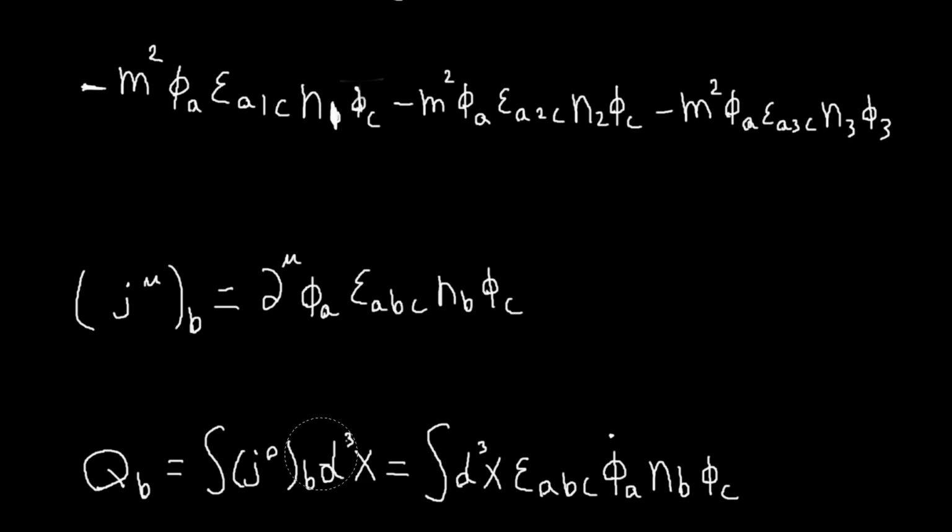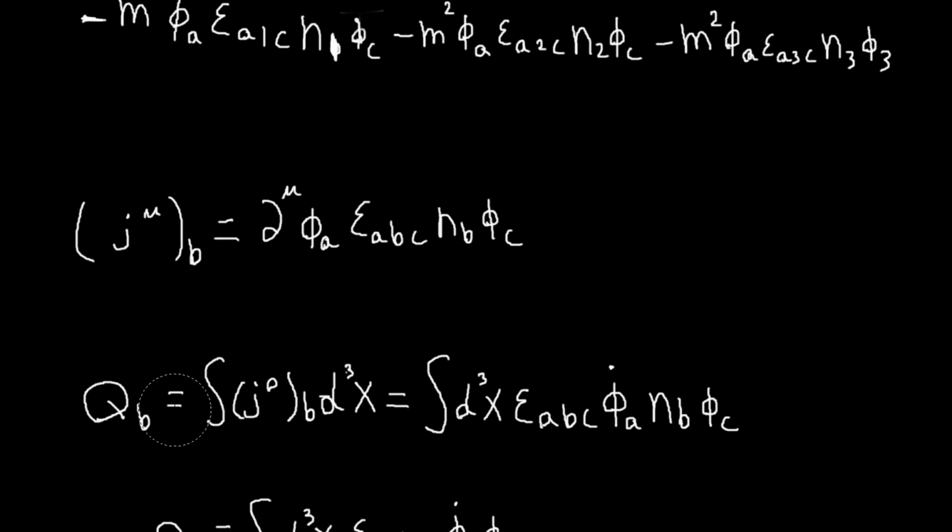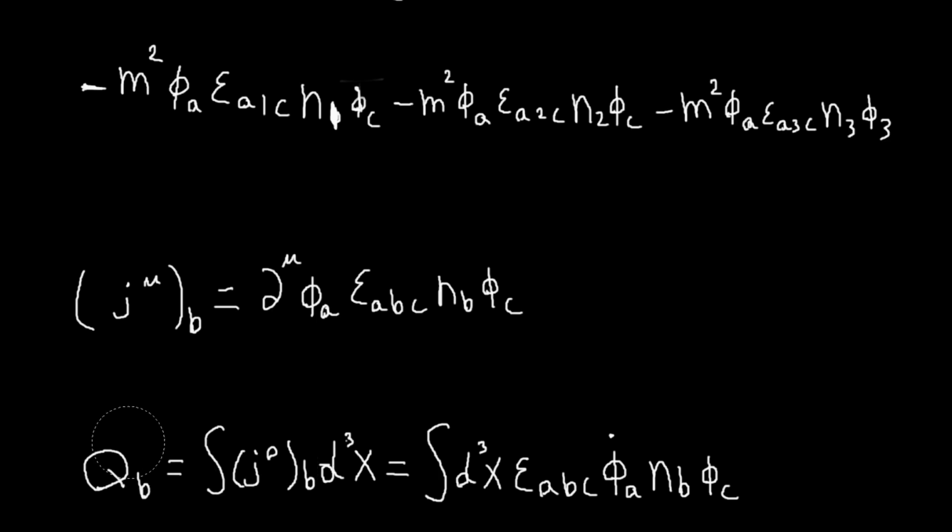And so now I can compute my conserved charges by integrating. The bth conserved charge will be the integral over the time component of the bth conserved current. So the 0th component, I'll just replace this mu with 0, so this is the time derivative of phi a.